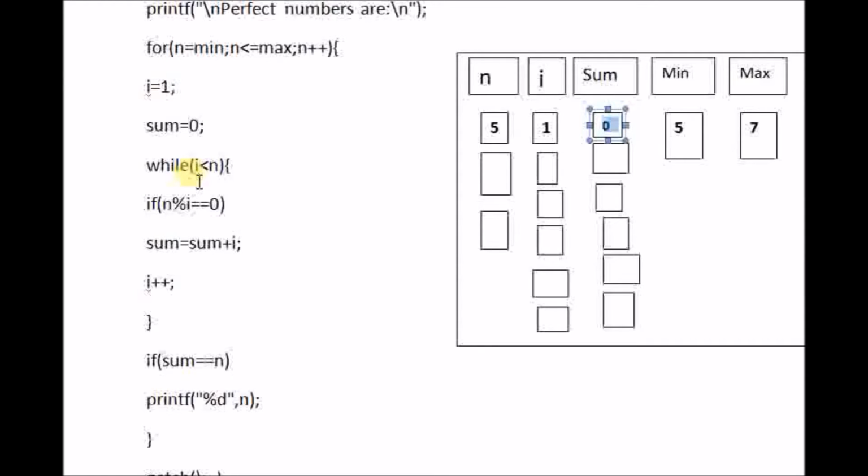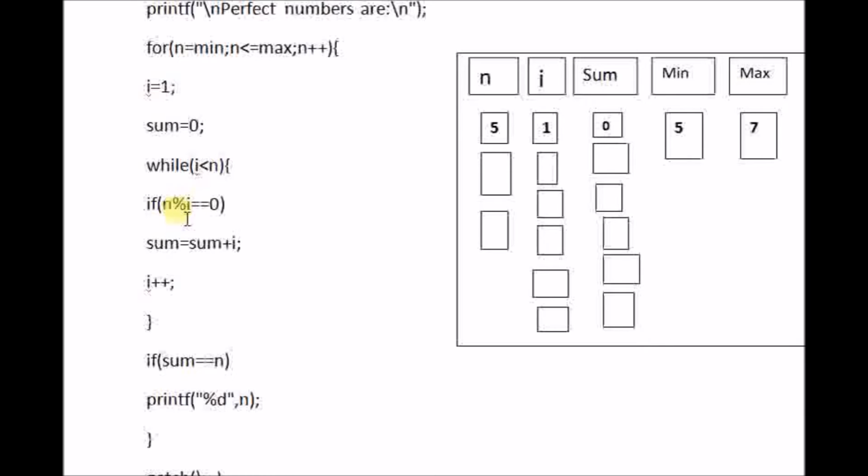Then the next statement is while loop. While is a control loop structure. Here the condition is I is less than n. What is the value of I? 1. Value of n is 5. Is 1 less than 5? Yes, condition is true. So the control will go inside. In the if condition, we will find the remainder.